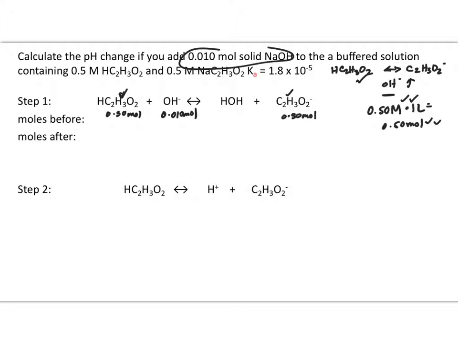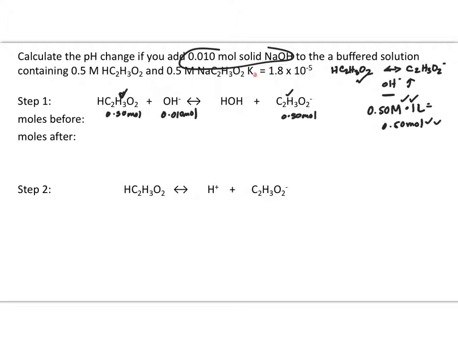Now, guys, we have to figure out how the acid and the base are going to interact. They do so in a 1-to-1 fashion to produce one equivalent of the acetate ion. So the hydroxide and the acid are going to react and decrease in quantity and produce the acetate ion, which will increase in quantity.